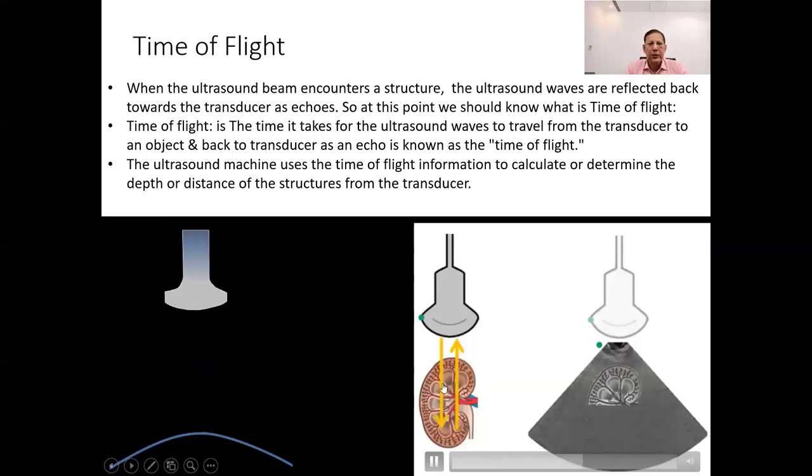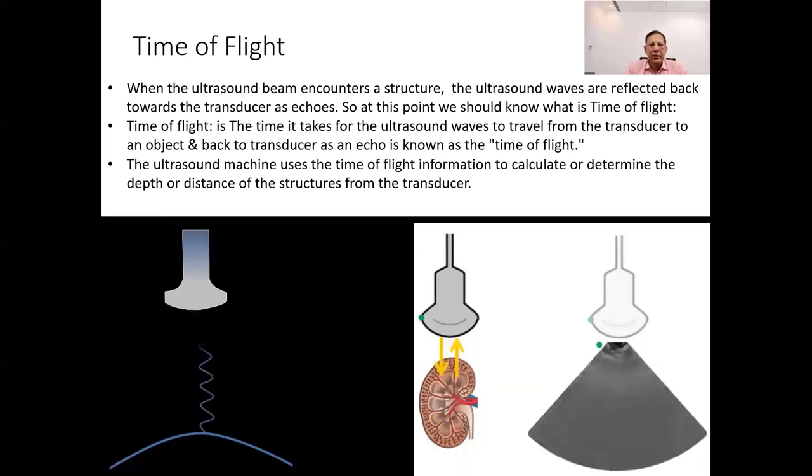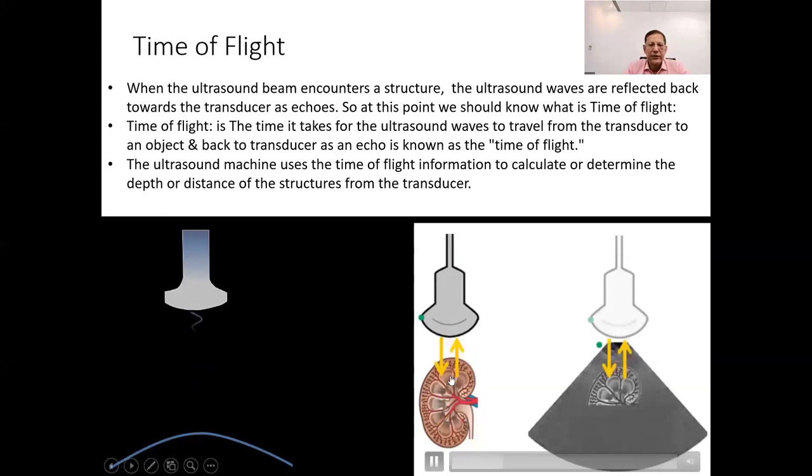So time of flight is the duration it takes for an ultrasound pulse to travel from the transducer to an object or structure, and back again as an echo. The clinical significance is that by knowing the time of flight and speed of sound in tissue, the ultrasound machine can calculate the distance to the object or structure that reflected the ultrasound waves. This helps in determining the depth or position of the structure within the body.